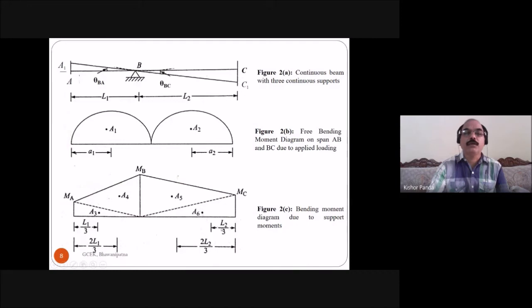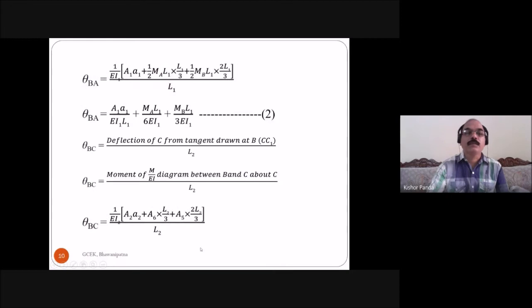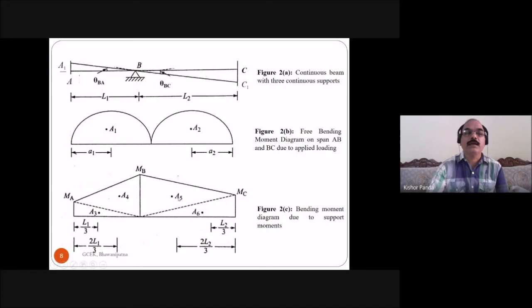So A6 into L2 by 3 plus A5 into 2L2 by 3, divided by L2. So this is theta BC. Then you know what the area A6 is and what the area A5 is. A6 is equal to half into MC into L2.